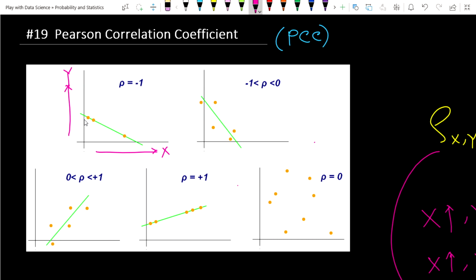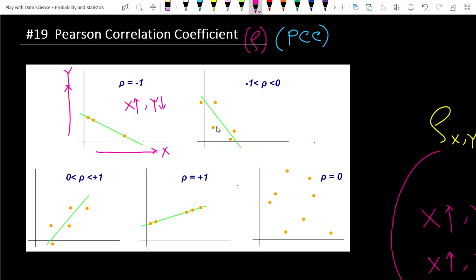If you draw a relation between these two random variables, it lies on a linear line, meaning it is a purely linear data set. Here, if x increases, y decreases. Because of that, the Pearson coefficient value is -1.